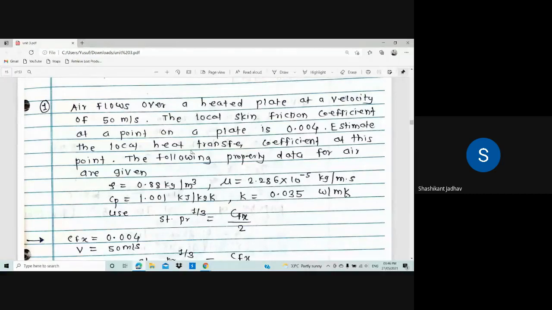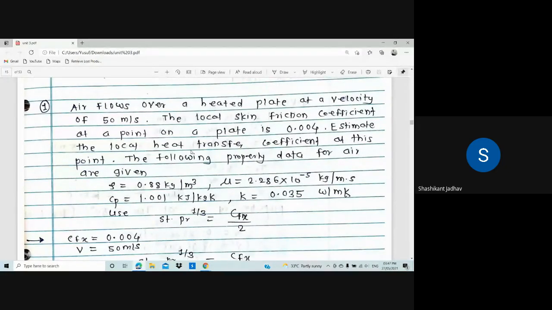The local skin friction coefficient at a point on a plate is 0.004. Estimate the local heat transfer coefficient.